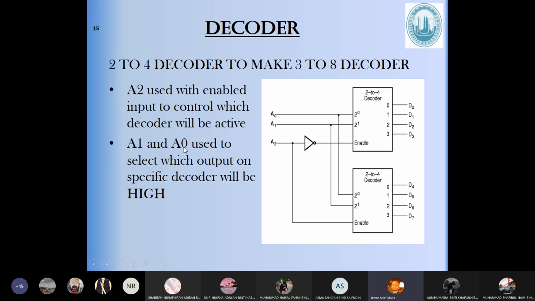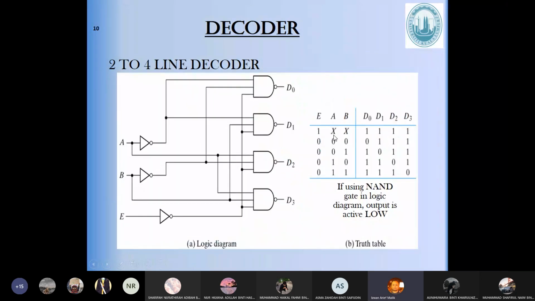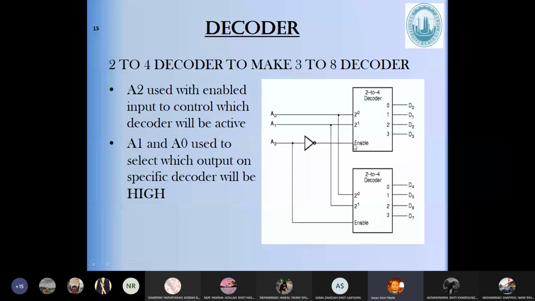And A1 and A0 are used to select which output on the specific decoder will be high. So A1 and A0 will become this part here. Okay, yang tengah-tengah ni A1 dan A0 ni. Alright, enable ni dia akan jadi dia punya switch. Either this one is working or this one is working.